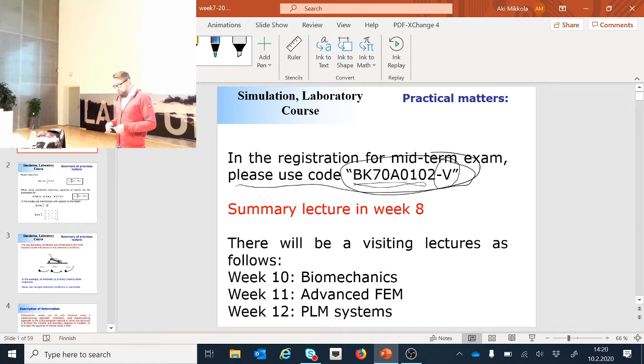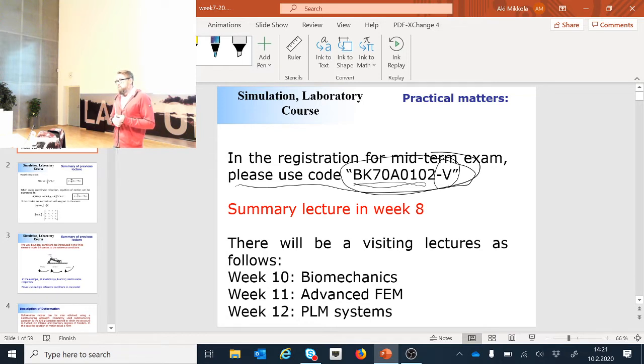Then what follows is that we're going to have an exam in week 9, and then the 3 following lectures will be visiting topics. The first one, in week 10, will be related to biomechanics, and then the one in week 11 will come from a consulting company that specializes in advanced use of the finite element method.